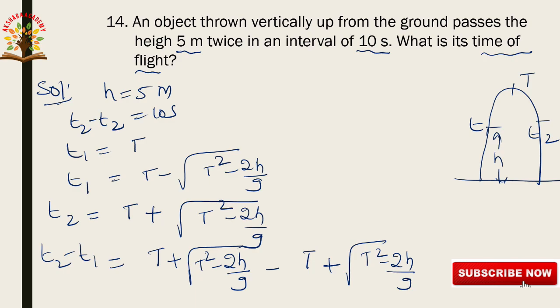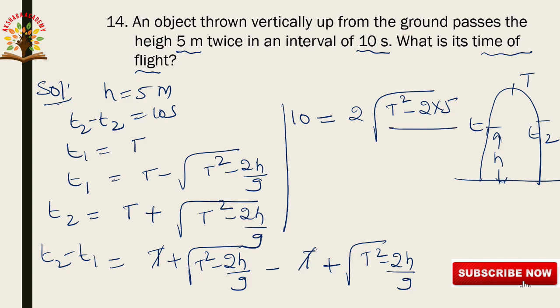Here t minus t cancel each other, and next we are getting t2 minus t1. t2 minus t1 they given as 10 seconds. So 10 is equal to 2 into root of t square minus 2h by g. Substituting the values, h is 5 and g is 10.